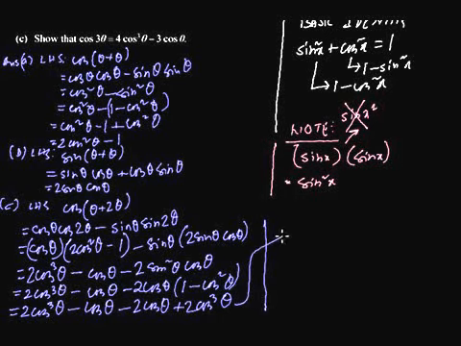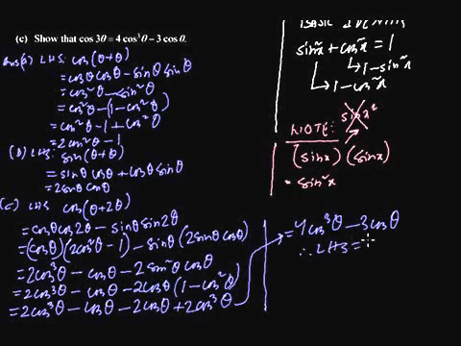Now the final line is 4 cos cubed theta minus 3 cos theta. Let's see whether we have 4 cos cubed theta: 2 cos cubed theta plus 2 cos cubed theta is 4 cos cubed theta, minus cos theta minus 2 cos theta is minus 3 cos theta. Therefore the left hand side is equal to the right hand side. We have proved this.